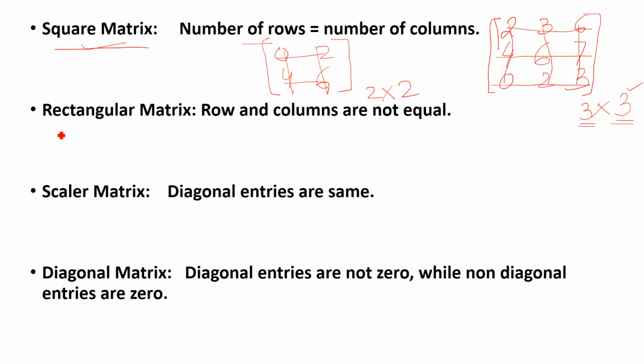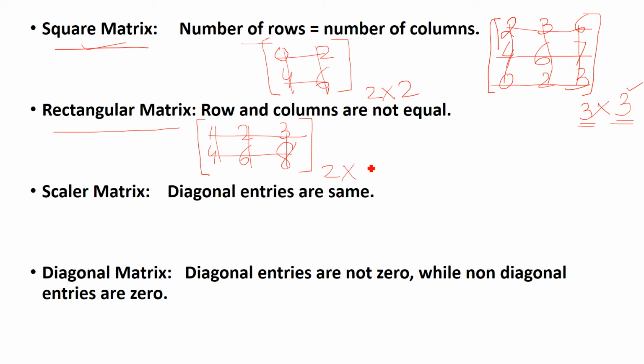Now the rectangular matrix. Number of rows and number of columns are not equal. See, suppose I write down 1, 2, 3, 4, 7, 6 and 8. Suppose this is one matrix. How many rows? Always you have to write down rows first. So 2 rows. And how many columns? 1, 2, 3.